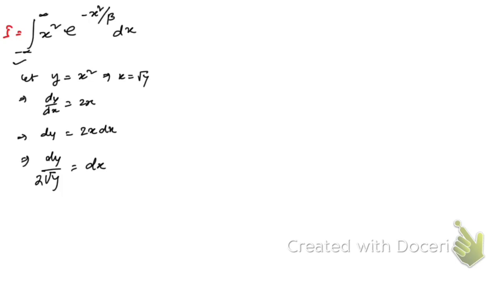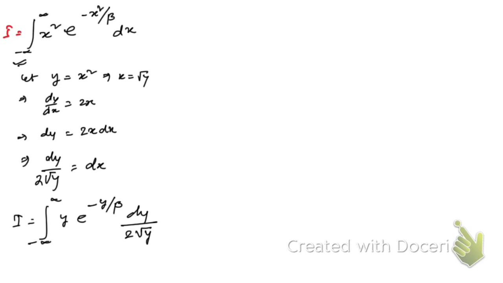Then this integral becomes minus infinity to plus infinity, and instead of x squared we get y, e to the power minus y by beta, and instead of dx we put dy by 2 root over y.